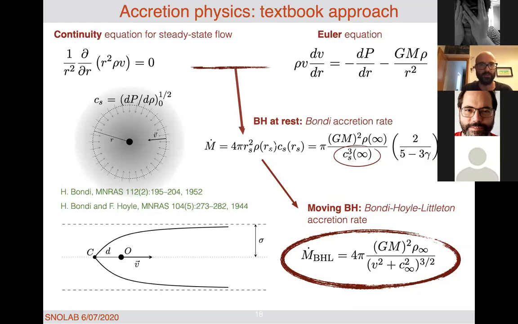And you end up with a very famous textbook formula from Bondi, Hoyle, and Littleton, which links the accretion rate, the rate of matter accreted into the black hole, to the density of the ambient medium, to the mass of the black hole itself, to the speed of the black hole, and also to the sound speed of the medium. This is the famous Bondi-Hoyle-Littleton formula that is typically used in this kind of studies.